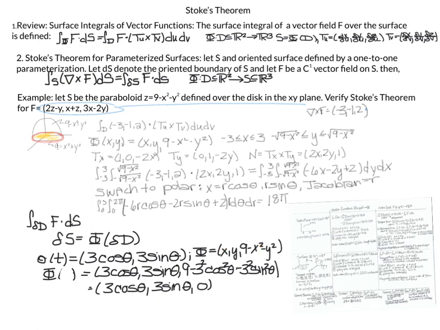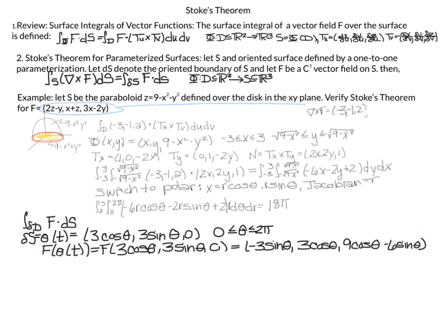So x will be 3 cosine theta, y will be 3 sine theta, then 9 minus x squared, which is 3 squared cosine squared theta, minus y squared, which is minus 3 squared sine squared theta. So I get, for my final answer, simplifying this, which just is 0, 3 cosine theta, 3 sine theta, 0.